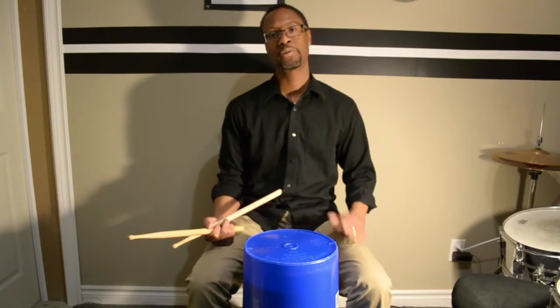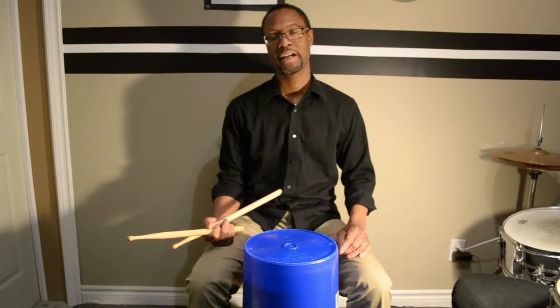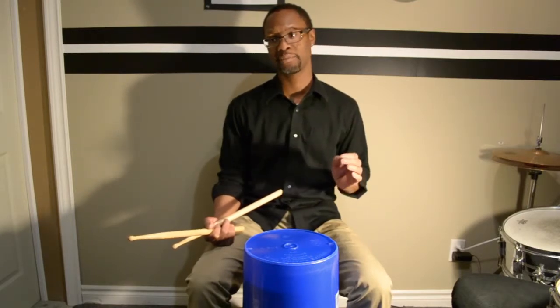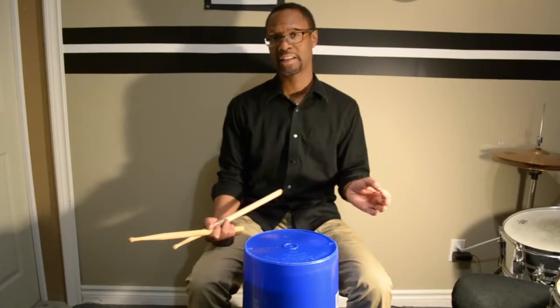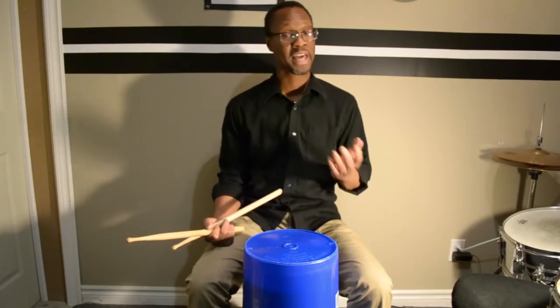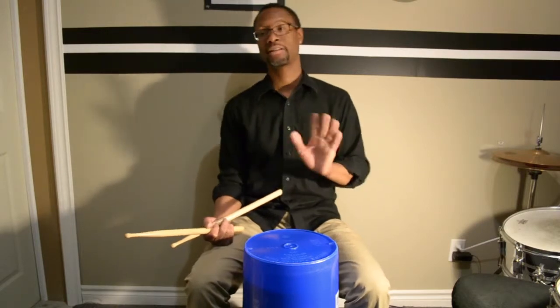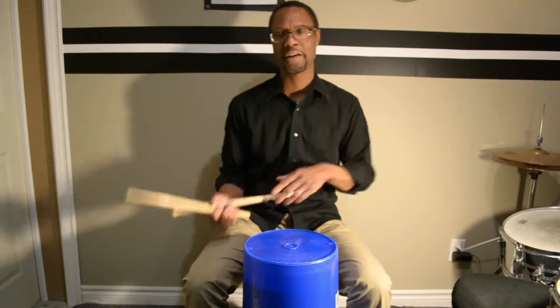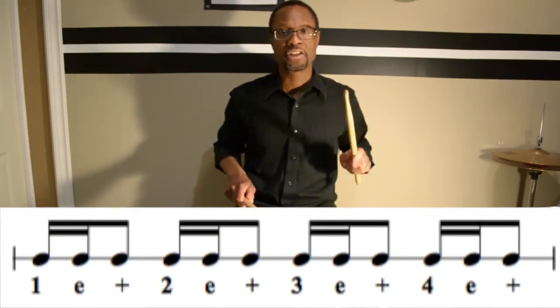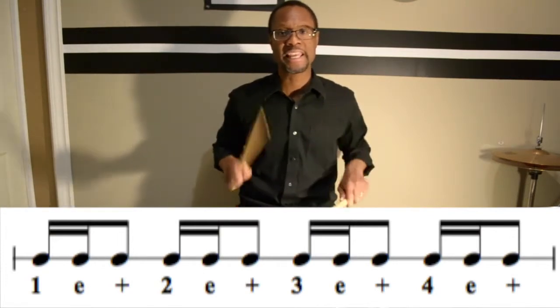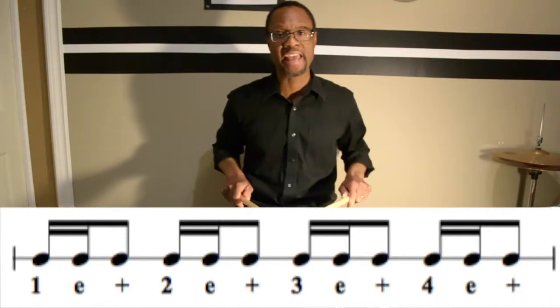Listen to an entire bar of 16th notes where the last 16th note is replaced with a 16th note rest, but written with an 8th note. Oh, it starts to get confusing. Don't worry, this is how it sounds. Full bar. 1 E and, 2 E and, 3 E and, 4 E and.